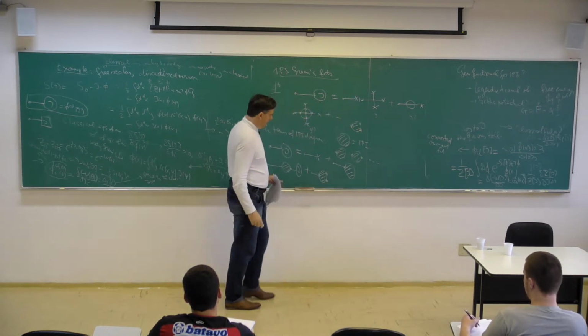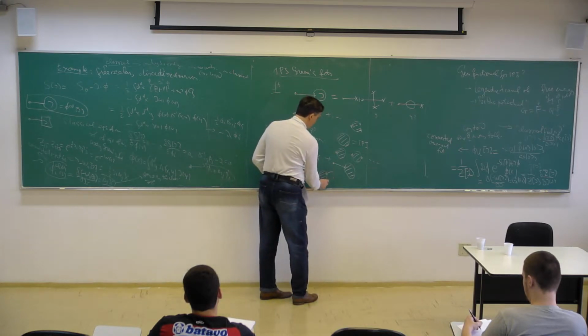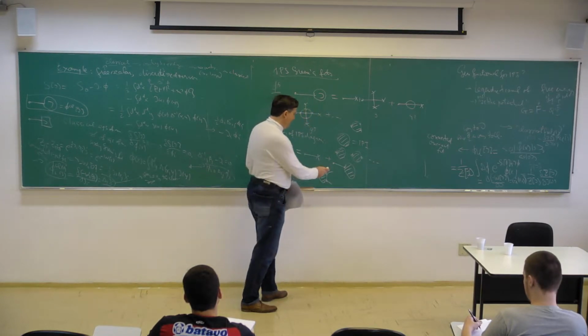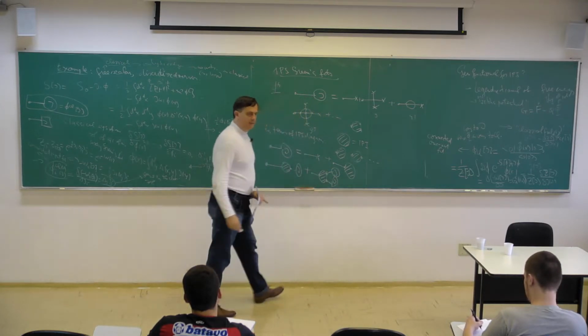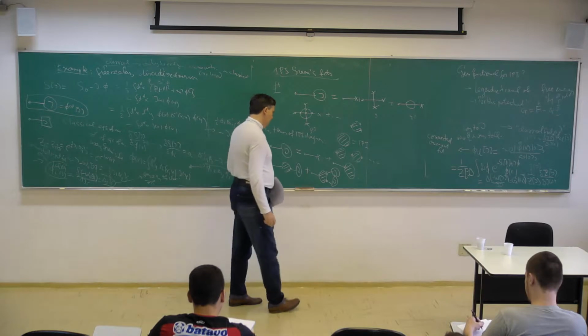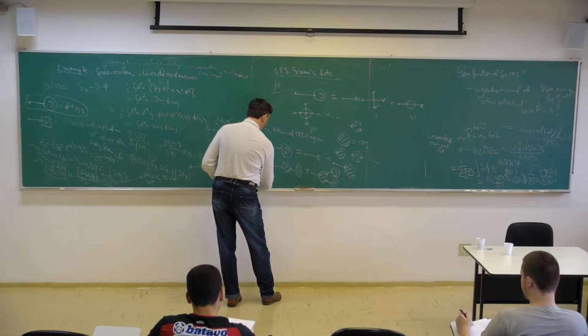And again, since this is 1PI, everything coming out is 1P reducible. So I start with a propagator, and then I can have anything. So then I can have J, right? And so on. Then the 4-point 1PI, again ending in J's.